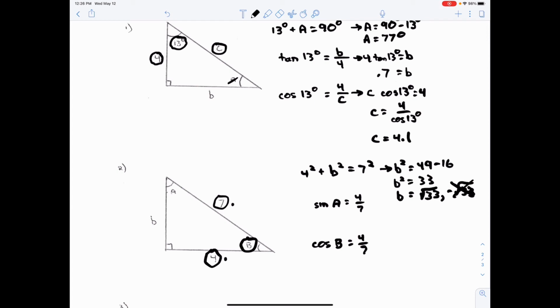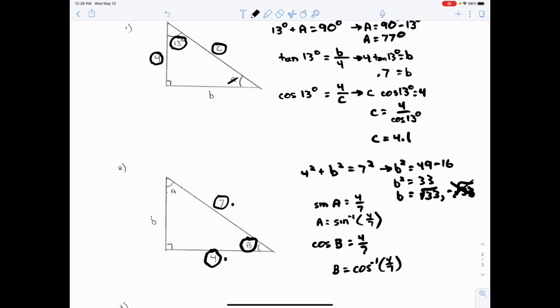For the sine of A, what are we going to use? We're going to use inverse sine. So A is going to be sine to the negative 1 of 4/7, because we're finding the angle. And then B will be inverse cosine of 4/7.